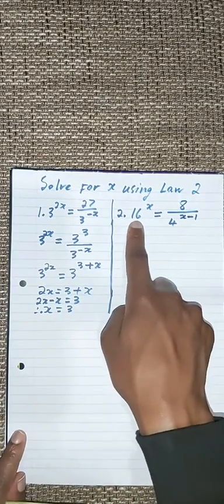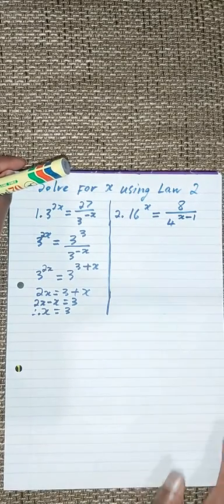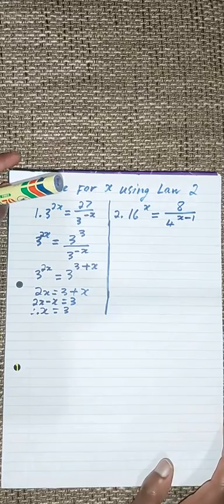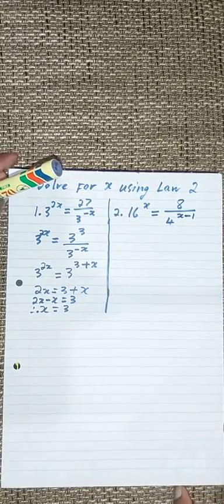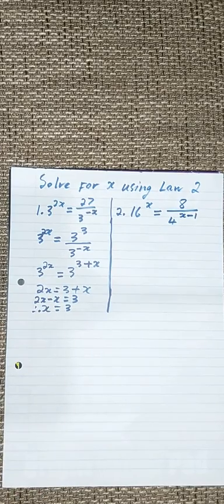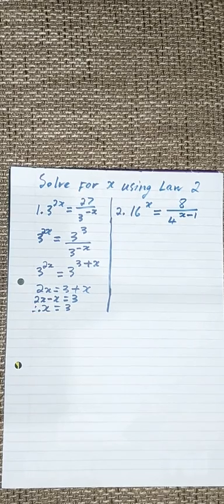For us to solve for x here, every base has to be similar to the other, right? So we are going to write 16 to the power of x in an exponential form.